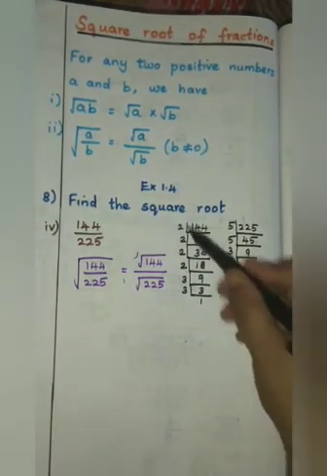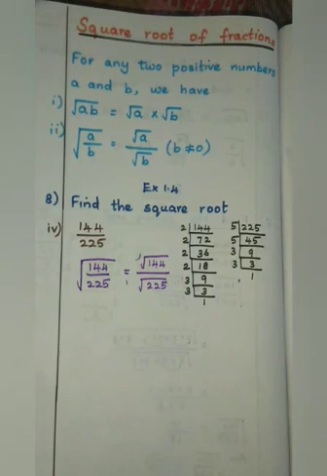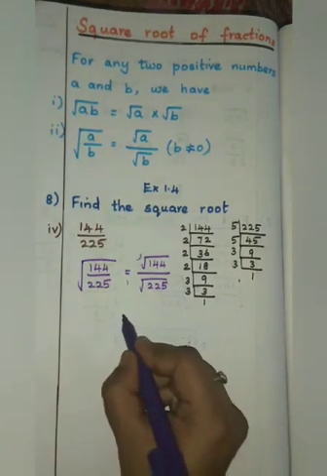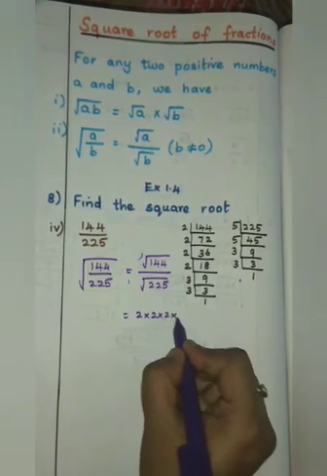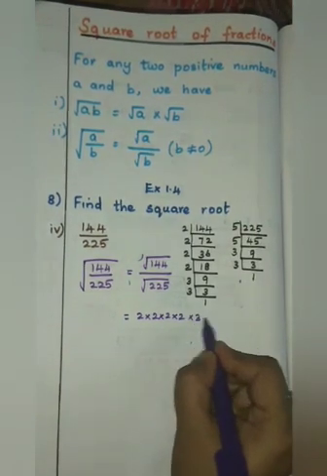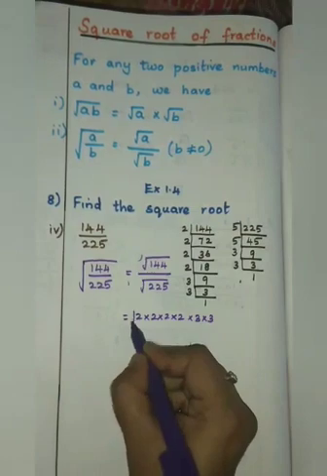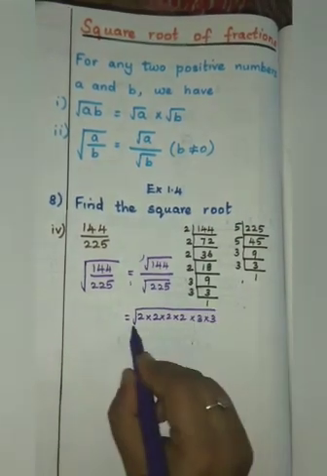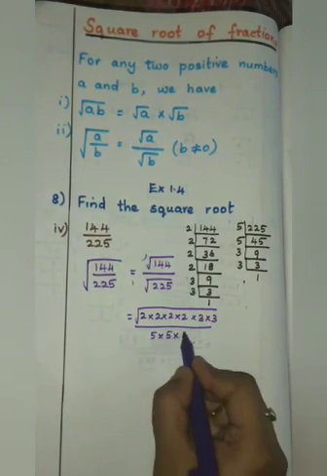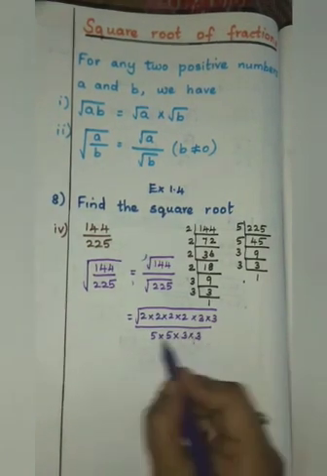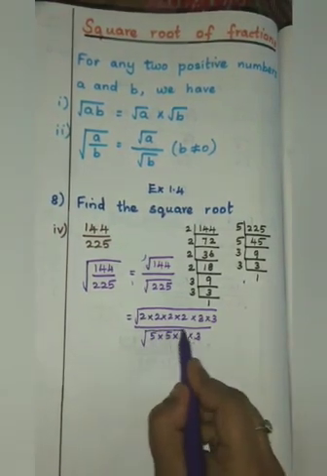Now write the prime factors inside the square root. 2 into 2 into 2 into 2 into 3 into 3. Put it inside the root by 5 into 5 into 3 into 3. Put it inside the root.